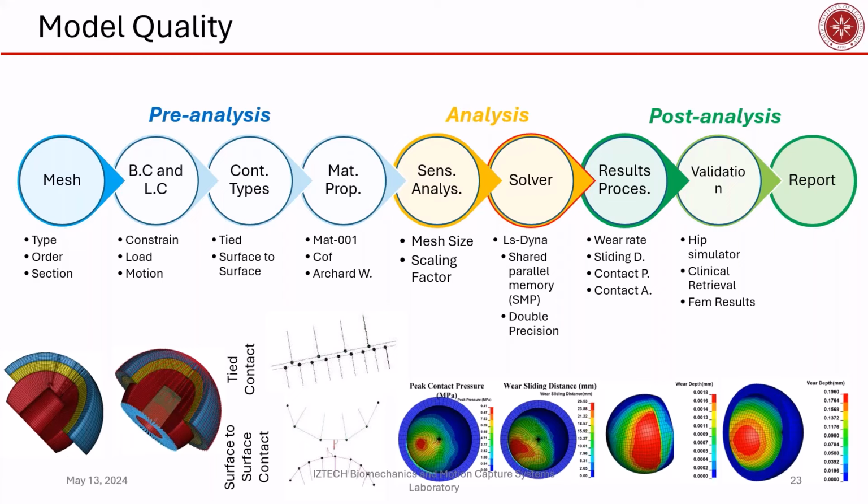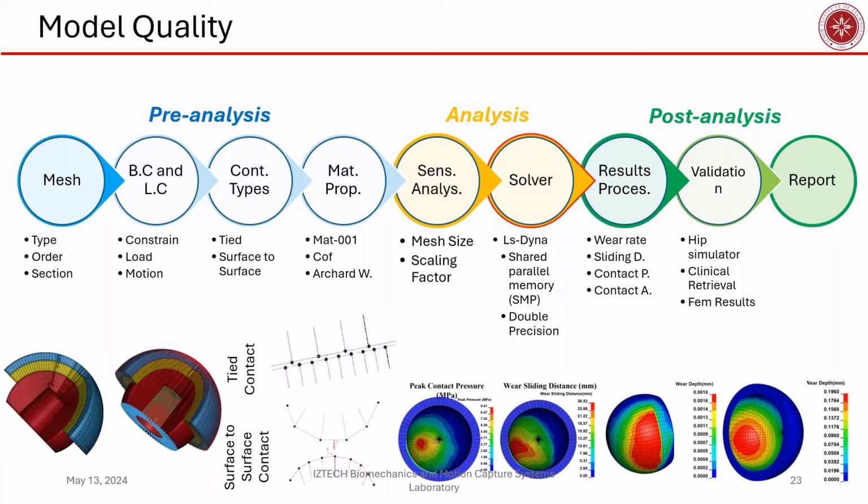After performing sensitivity analysis, we performed our prototypes in LS-DYNA with shared parallel memory and double precision. After we performed our 3 different boundary conditions activities, we obtained the results of this study.